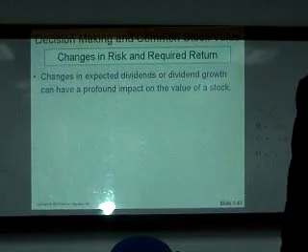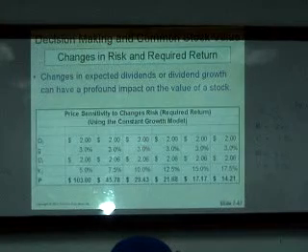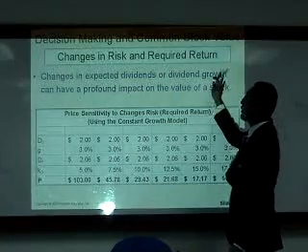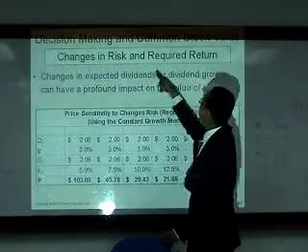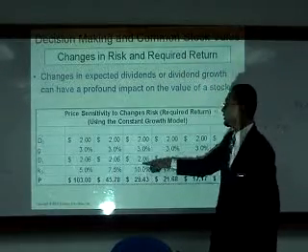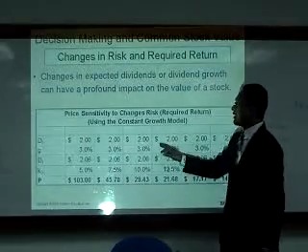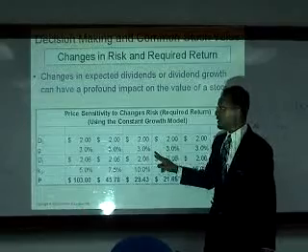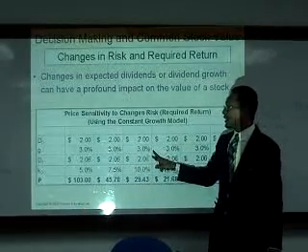Now let's see risk and required return. Changes in the expected dividend or dividend growth can have a profound effect on the value of the stock. Risk is the Ks, the required return. Now let's see, our dividend is the same, D0. Growth is also constant at 3%.